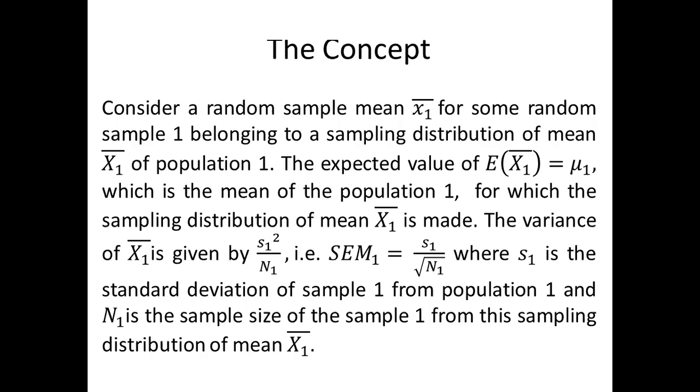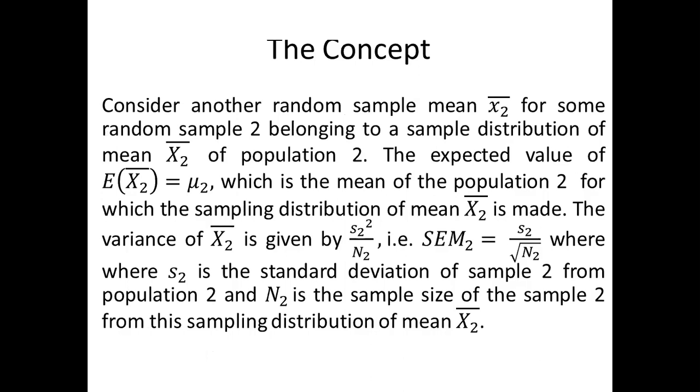If the variance of the sampling distribution of the mean x1 bar is s1 square upon n1, then definitely the standard error of the mean of population 1, indicated by SEM1, would be the square root of this variance, which will give us S1 upon root n1, where S1 is the standard deviation of sample 1 from population 1 and n1 is the sample size of sample 1 from this sampling distribution of mean x1 bar.